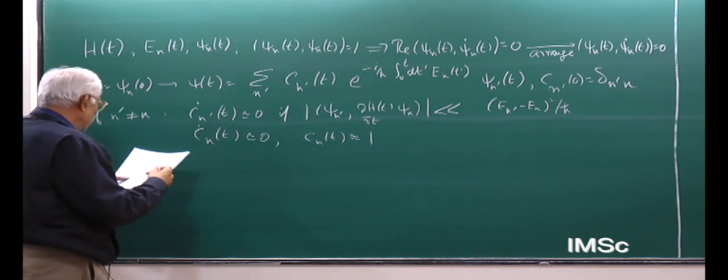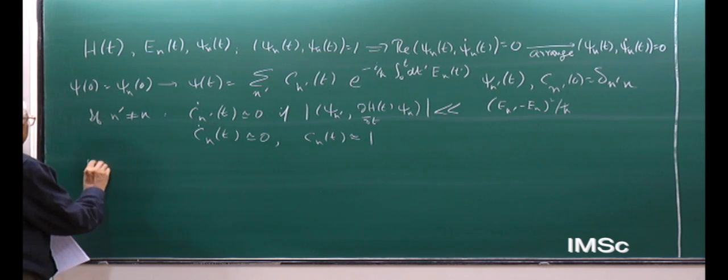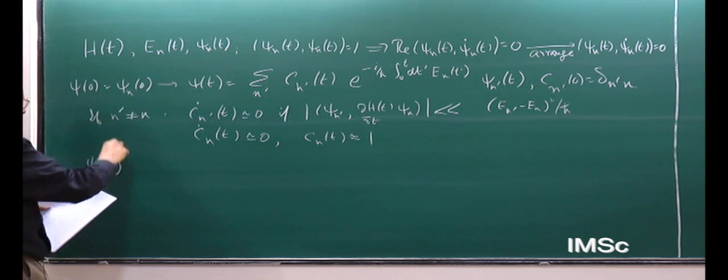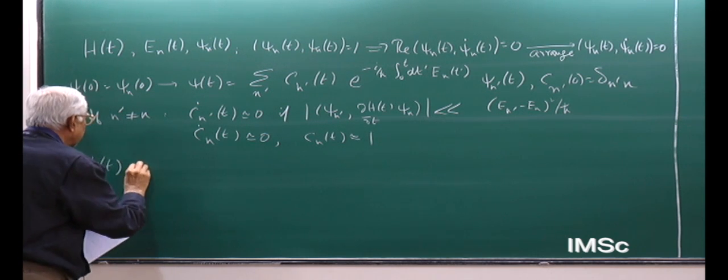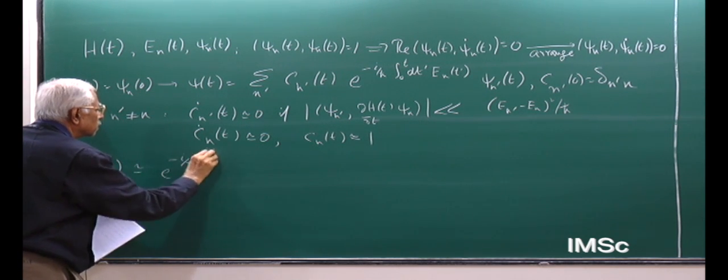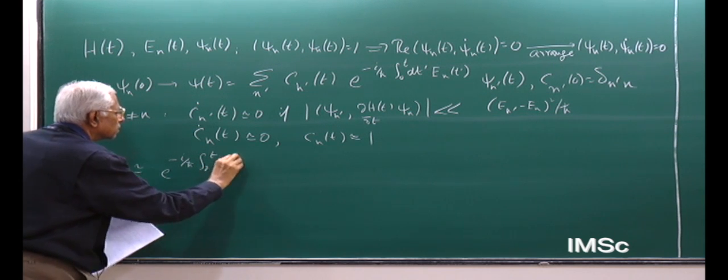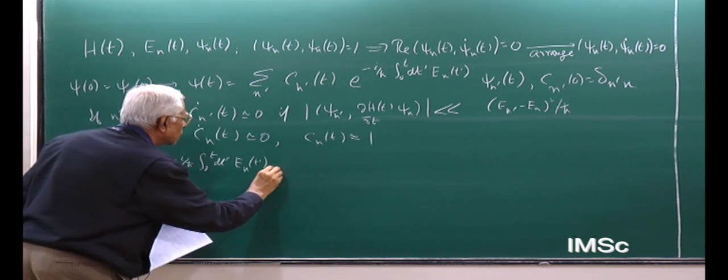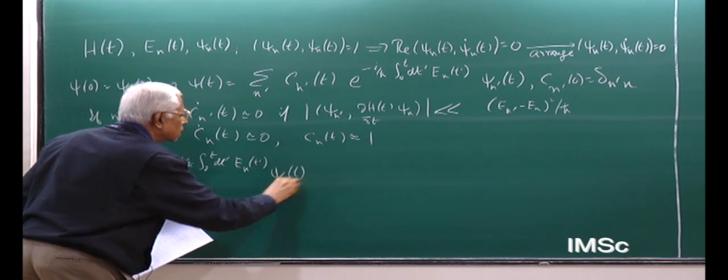So what does all this mean? It means that an approximate solution to the time-dependent Schrodinger equation has the following form. All right?